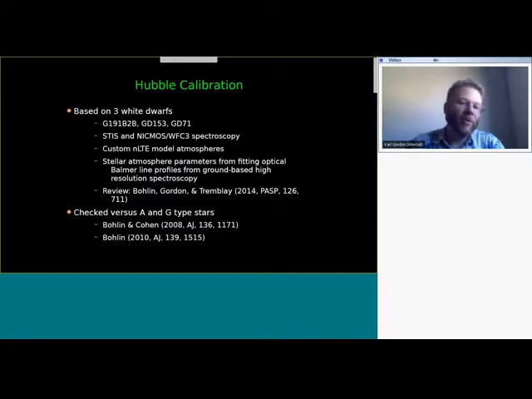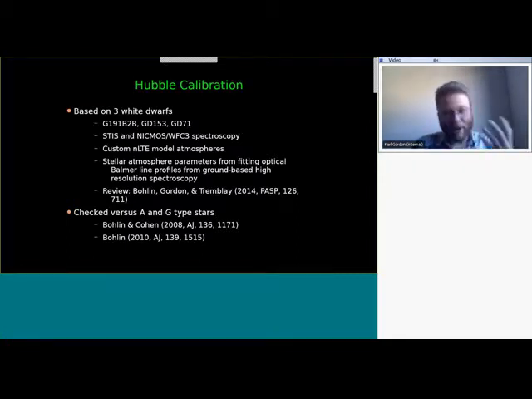Hubble calibration is based on 3 white dwarfs, and there are the names for them. The observations are STIS and NICMOS or WFC3 spectroscopy, and then there are custom non-LTE model atmospheres of these white dwarfs. White dwarfs are picked because they're thought to be some of the simpler stars to model, especially since 2 of these are only hydrogen white dwarfs, so you just have to understand hydrogen to model them.